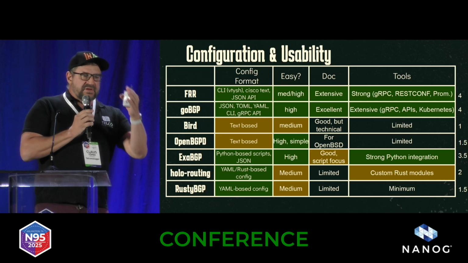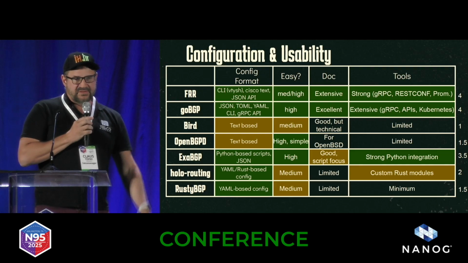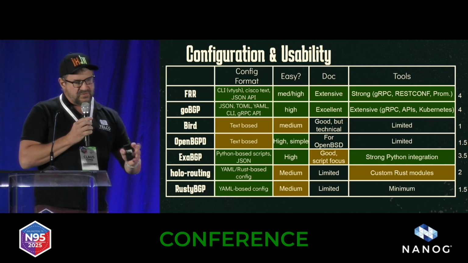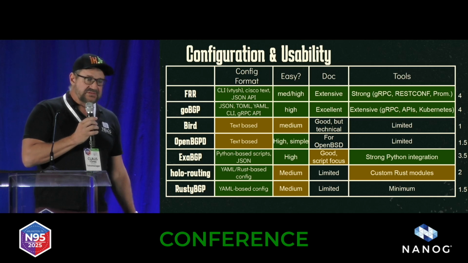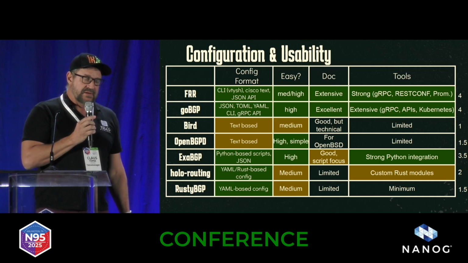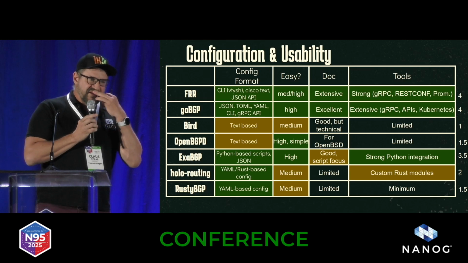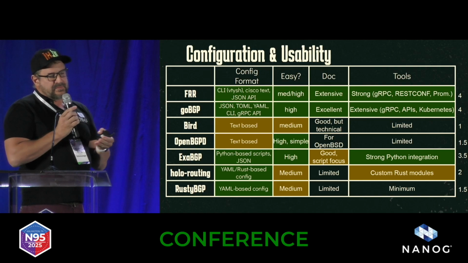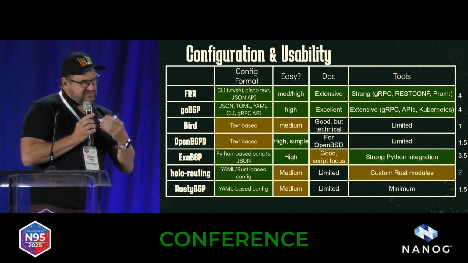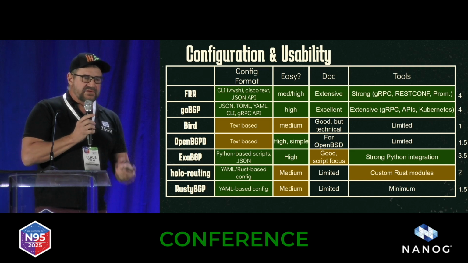I put some easy points here based on my experience testing. So the green ones get more points. In terms of documentation, that is something which I think is a good thing to have, and FRR and GoBGP have a lot. Some of them might not have, maybe because I didn't find it properly or I didn't do a good search, but that's what my results are here.